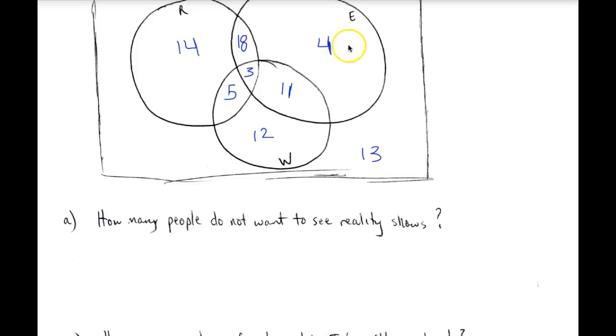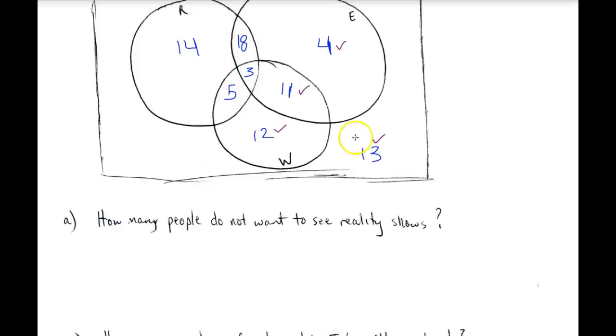Okay, so we see that this 4 is not in that set, 13 is not in that set, 11 is not in that set, and 12 is not in that set. Everything that is in the set R, which is reality shows, is the 14, the 18, the 3, and the 5.